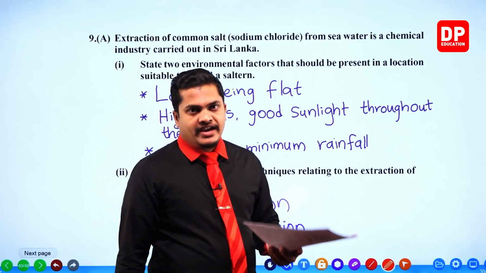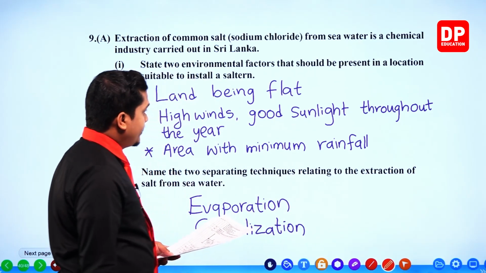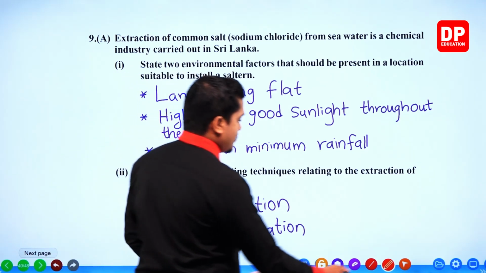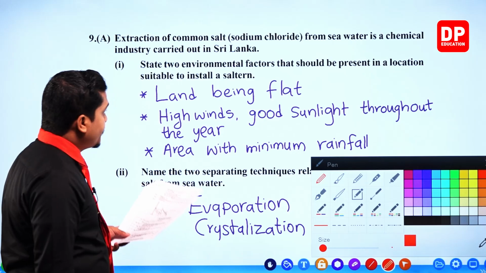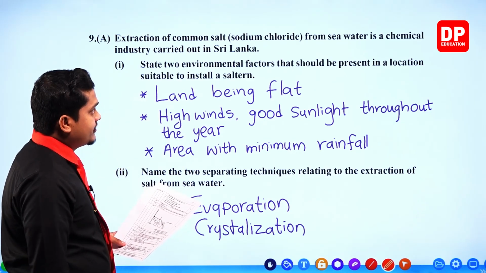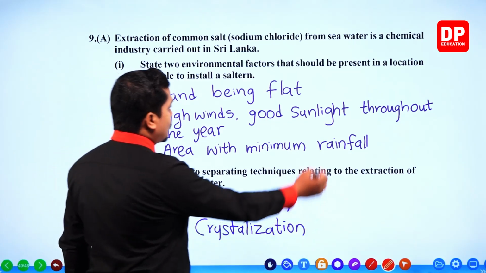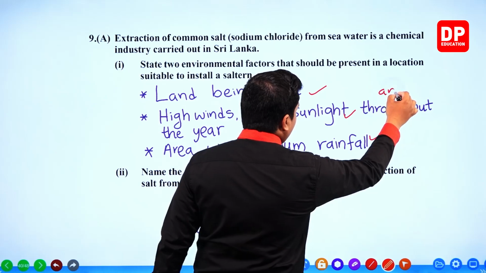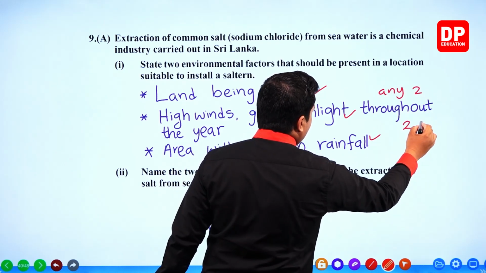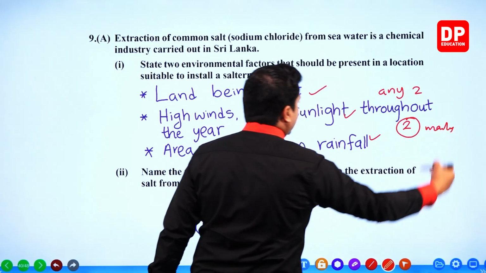Okay, my dear children, so I have the marking scheme with me right now. Let's do the markings then, right? So for the first question, they're asking, write 2 environmental factors in a Saltern. So 2 environmental factors, if you have written 2 correctly, then you'll be receiving 2 marks, right? 2 marks.